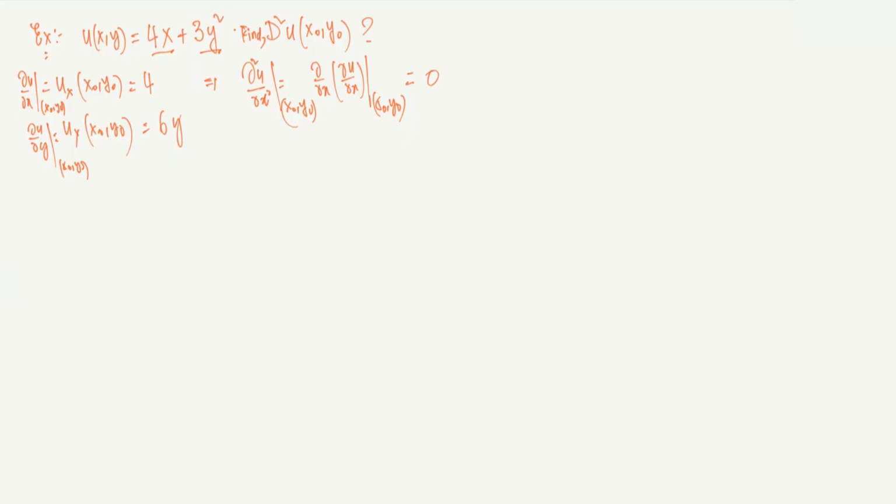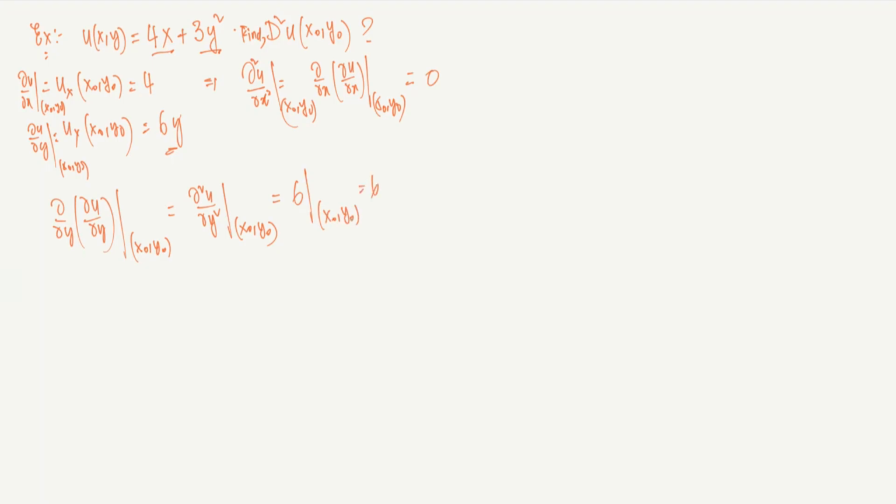Similarly, del y of del u del y, evaluated at x0 y0, is del square u del y square. Del u del y is 6y, and taking another derivative with respect to y, it becomes 6, evaluated at the point x0 y0, which is basically 6.